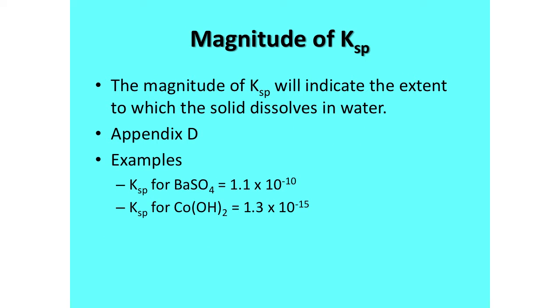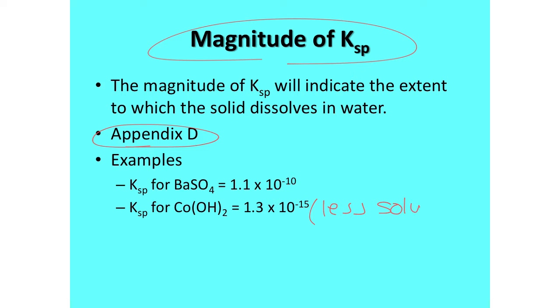Now we will be using Appendix D in the back of our book to get values of Ksp for various salts. And again, the smaller the Ksp, the less soluble that particular salt is.